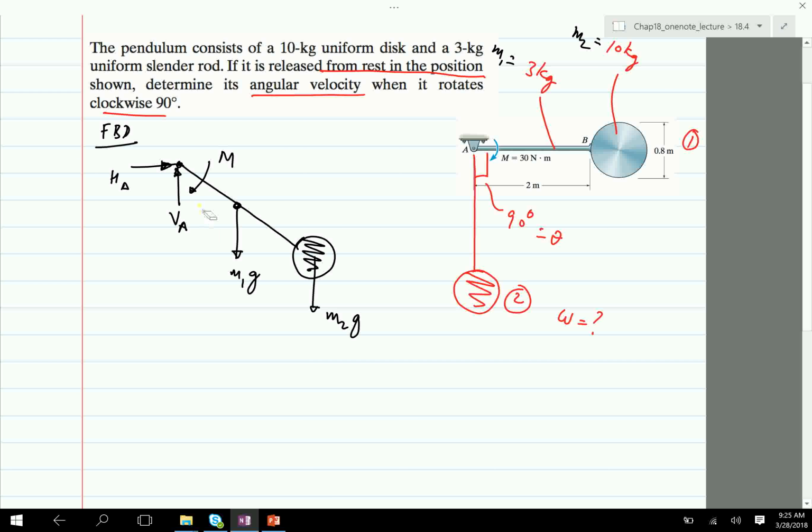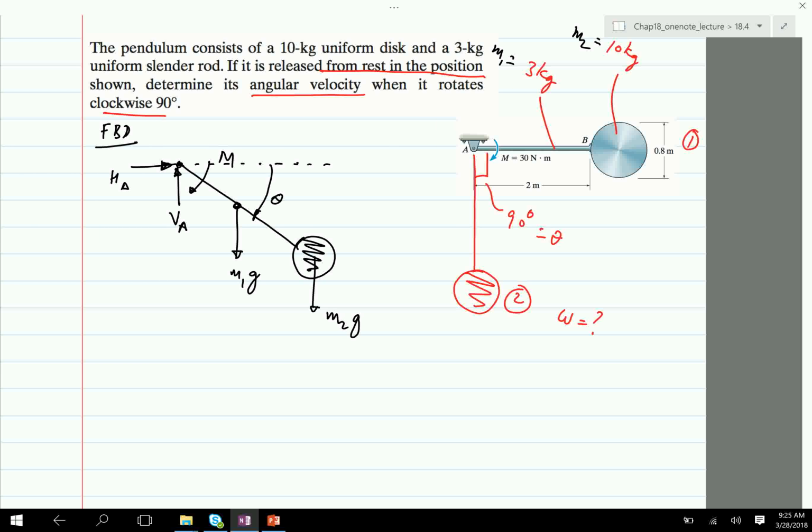Well, rather, let me not specify an angle. I think the angle is measured from the horizontal, so this should be theta. If you like, you can write this as theta, because that's how theta is measured for this particular problem. So theta is 0 is that configuration.